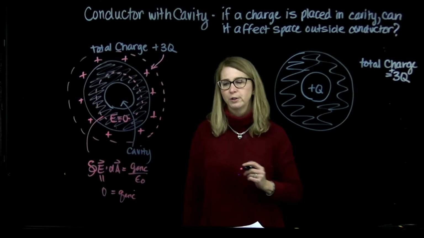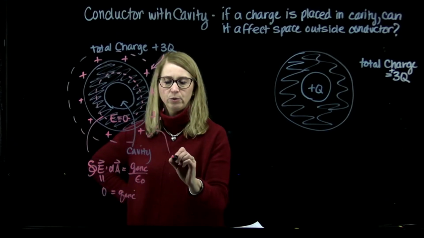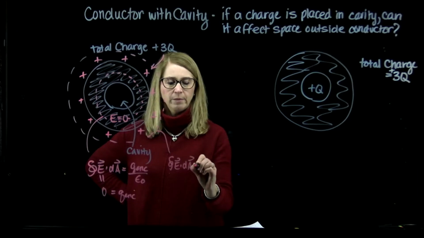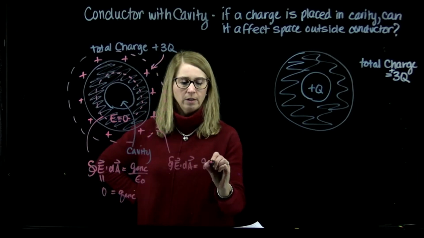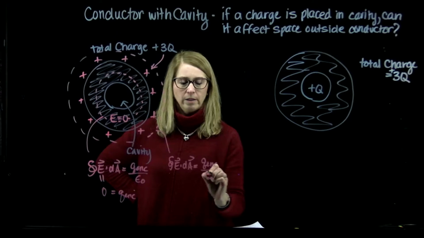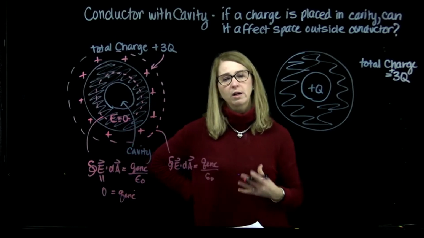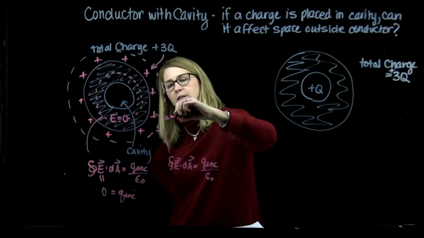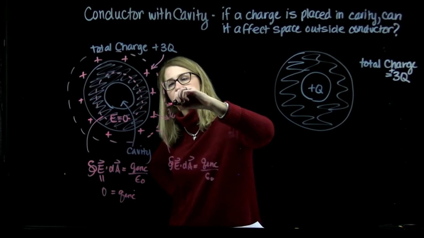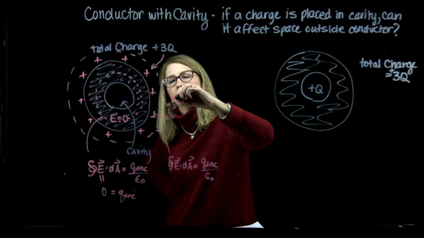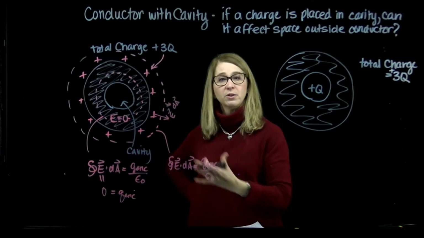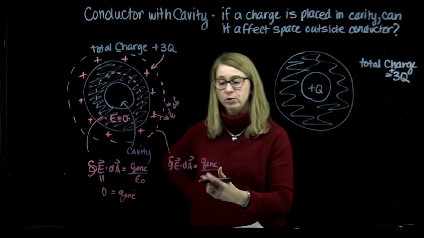the conductor. If I then do Gauss's law, and this is part of the reason that I made it a sphere, then we're going to be able to use the approximations that the electric field and the area vector are parallel to each other, so I can simplify this, and also the electric field is going to be constant on the surface.